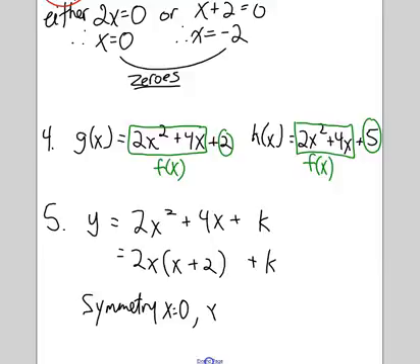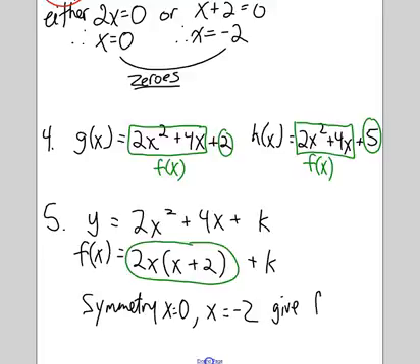X equals 0, x equals -2, because both of those would produce, in this case, a 0 value here, and that would leave us with the same y value, meaning they're directly opposite each other.